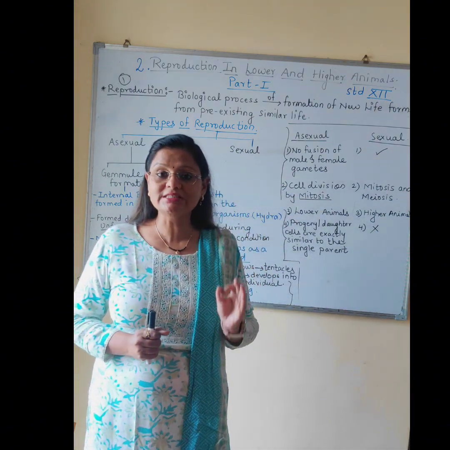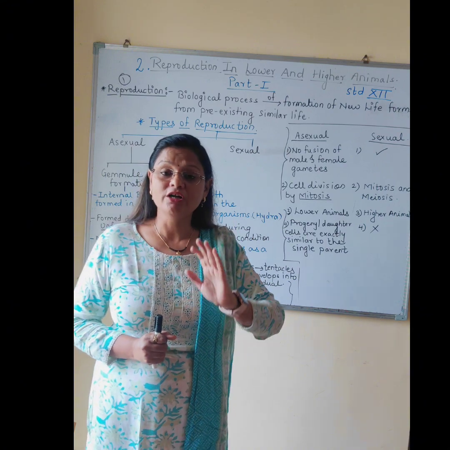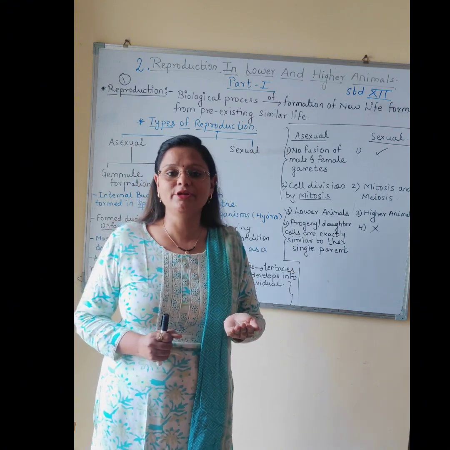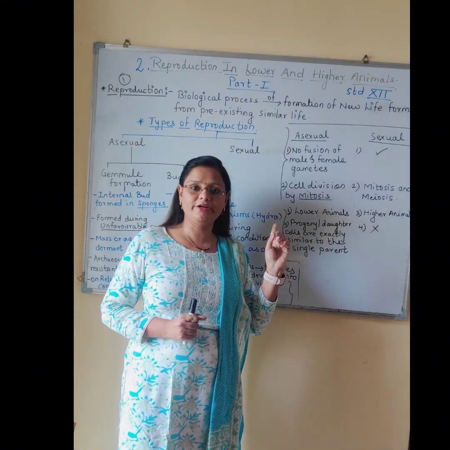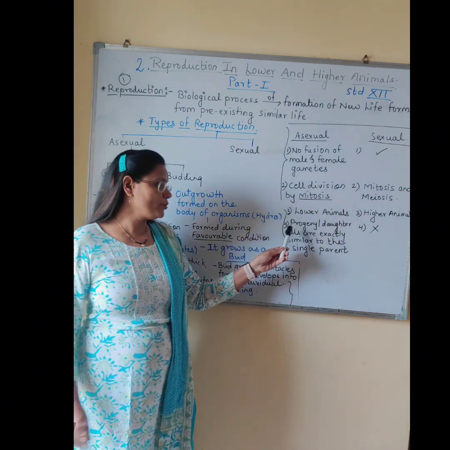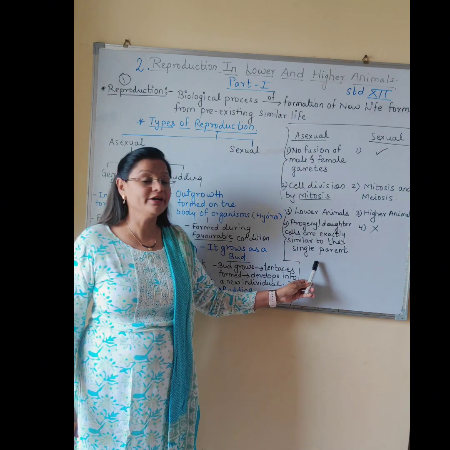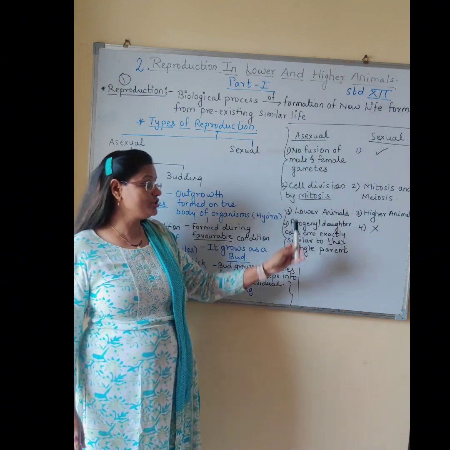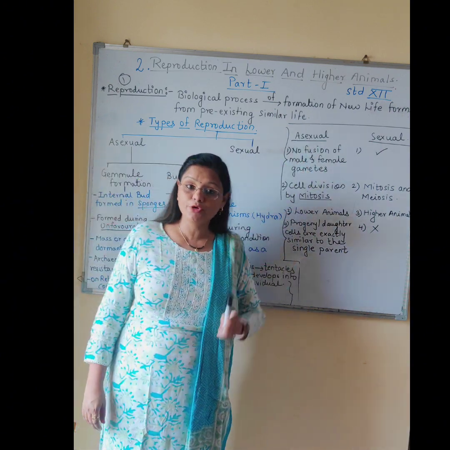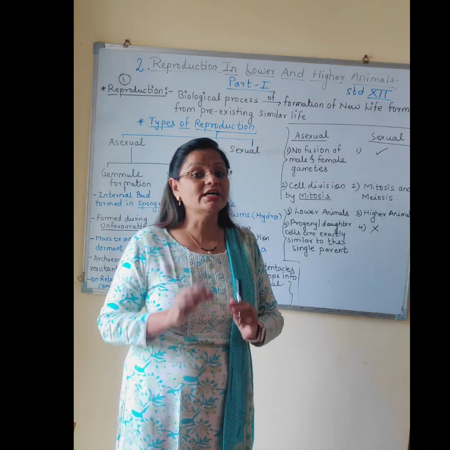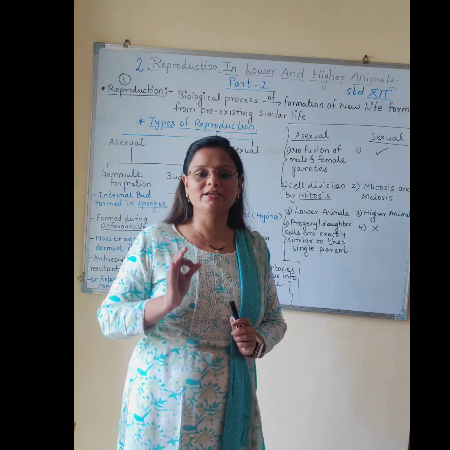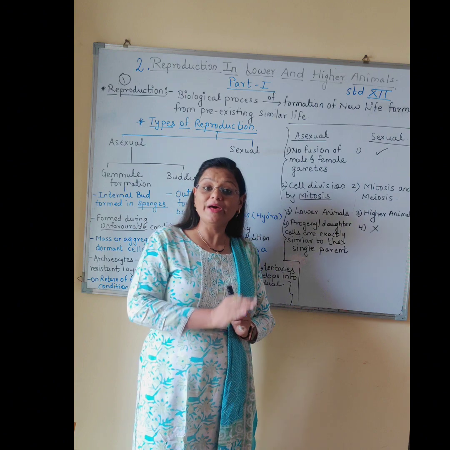Now next is the progeny or daughter cells. In asexual reproduction, the progeny or daughter cells formed are exactly similar to their single parent, while in sexual reproduction the progeny or daughter cells are not exactly similar to their parents.